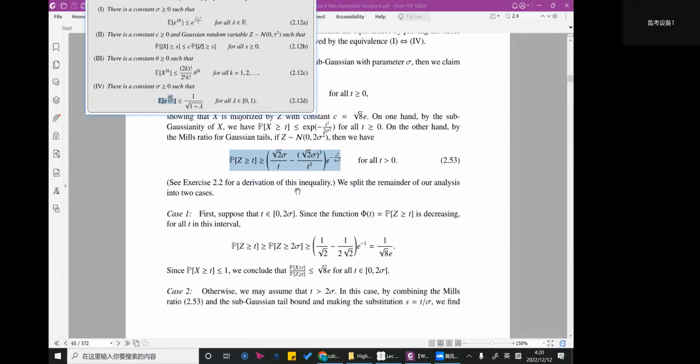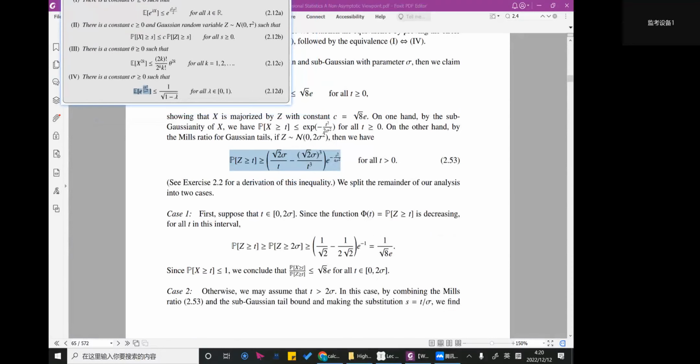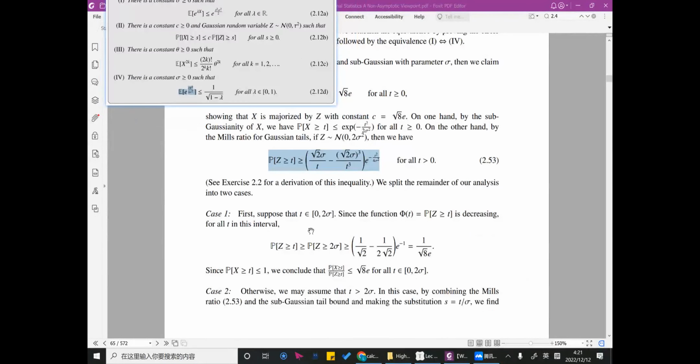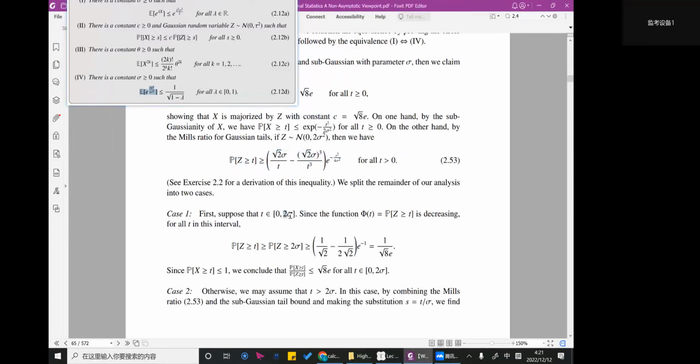The first case is when t is less than 2 sigma. Then the probability that the random variable z is larger than t is larger than this. Since t is smaller than 2 sigma, the latter probability is less.